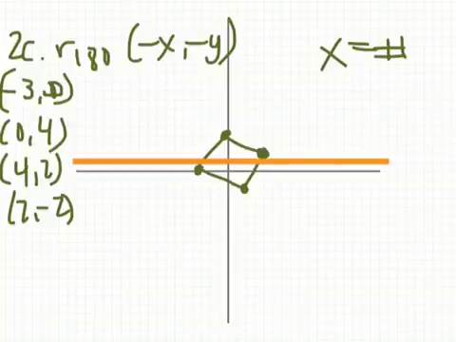I take the 1 unit there, then 1 unit up, counting 1, 2, 3 for each point, so it's flipping over that line.